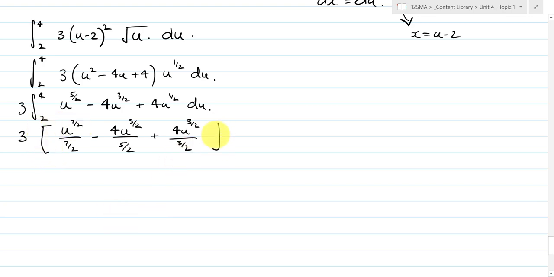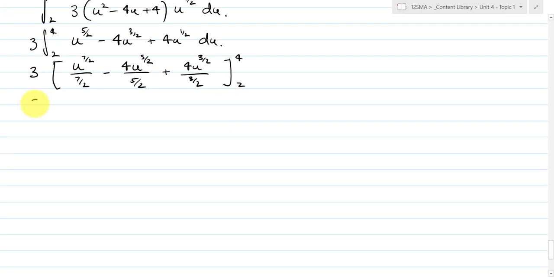It's a square bracket between 4 and 2. Now I'm going to simplify this before I do any substitution. This gives me 2u to the power of 7 over 2 over 7, minus 8u to the power of 5 over 2 over 5, plus 8u to the power of 3 over 2 over 3, between 4 and 2.